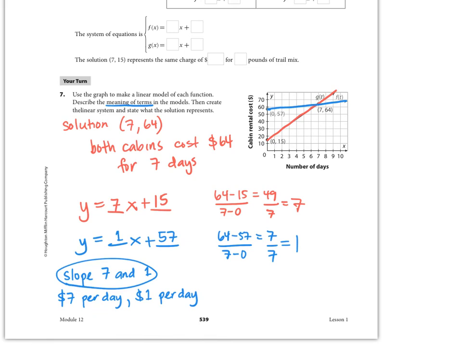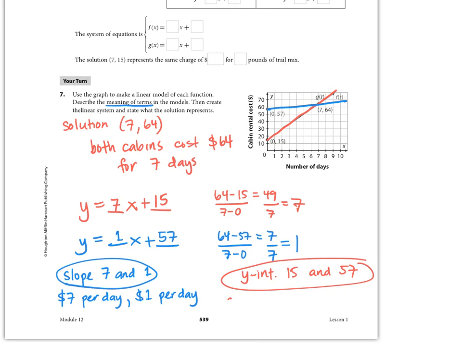And then the y-intercept, which is 15 and 57, know what these mean, and they are the starting fee. A lot of ways to describe this one.